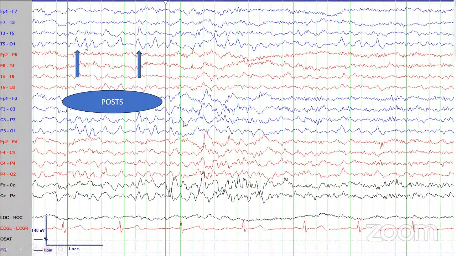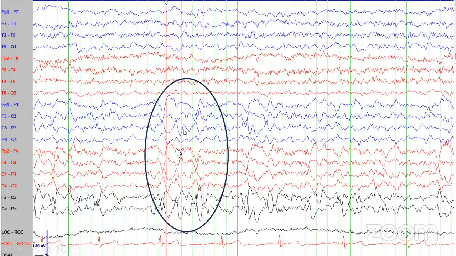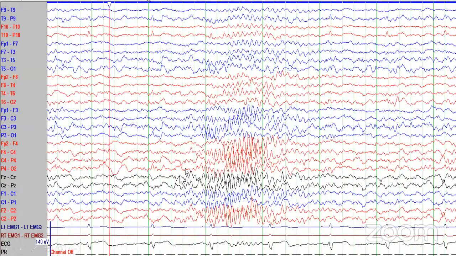Now let's move further. We are further transitioning towards NREM2, and we can very well appreciate that the sleep markers are now a lot better appreciable than earlier. We can still see the slow roving eye movements. And here what we see is a well-established sleep spindle.